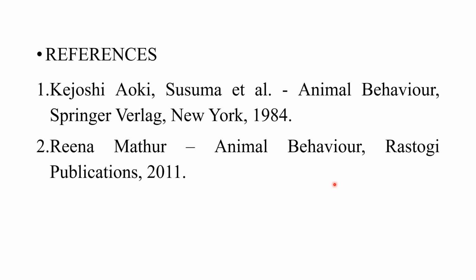So these are a few techniques which are employed by various researchers to study the migration of birds. For further information about migration of birds, you can refer to these textbooks that are available in the libraries of our government colleges. Thank you.